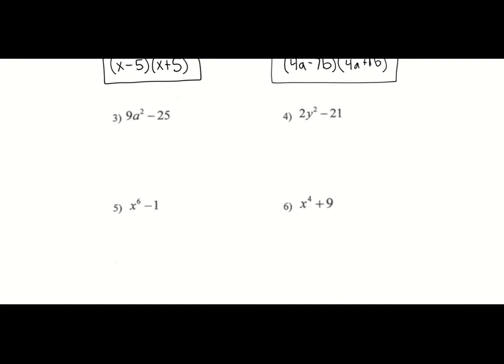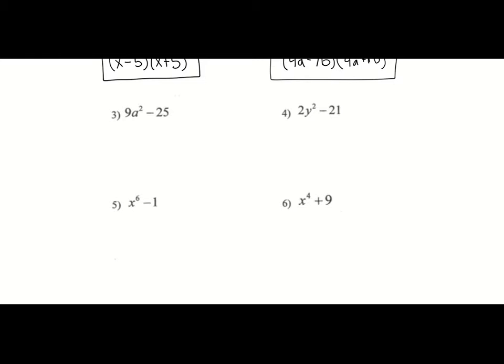Okay, let's look at the next few. Again, number 3, square root of 9a squared and the square root of 25. Well, the square root of 9 is 3, and our square root of a squared is just a. And square root of 25 gives me 5. So I get 3a minus 5 times 3a plus 5.